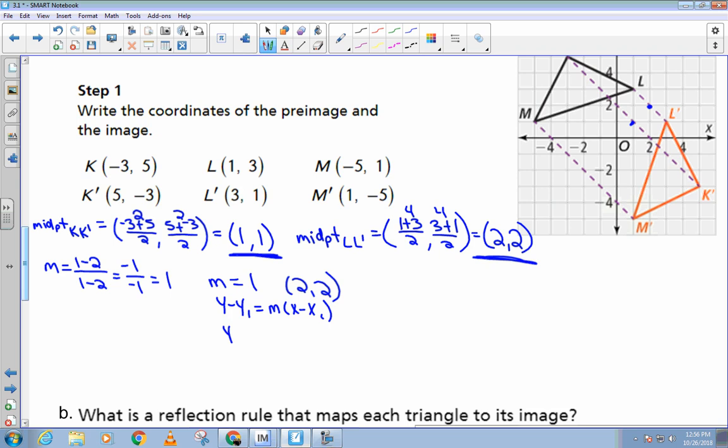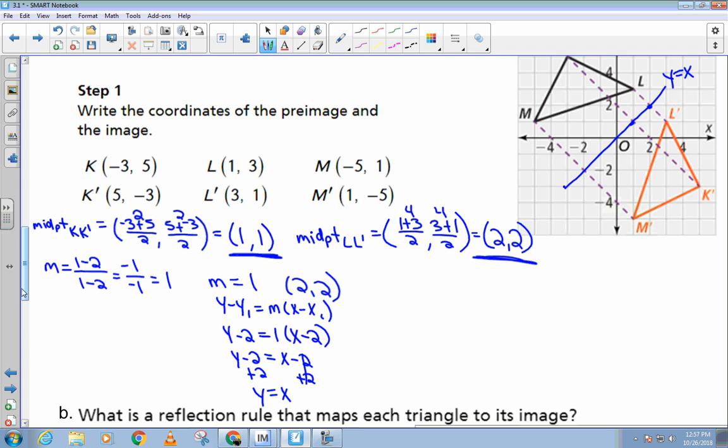So that's y minus 2 equals 1 times x minus 2. Distribute the 1. And then I'm going to add 2 to both sides so that I can get it in slope-intercept form. What happens when I add 2 to both sides? It's 0, right? So the equation is y equals x. All right? Here is the line of reflection right here. That is the line y equals x.